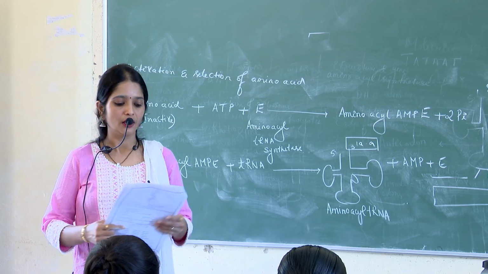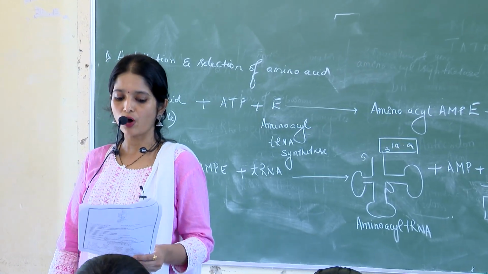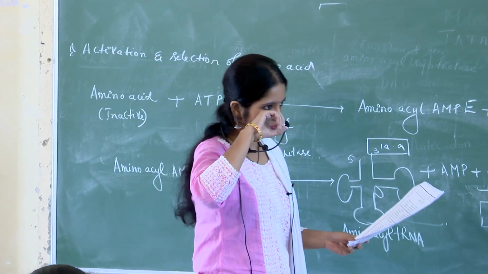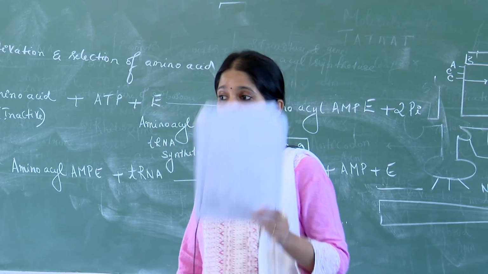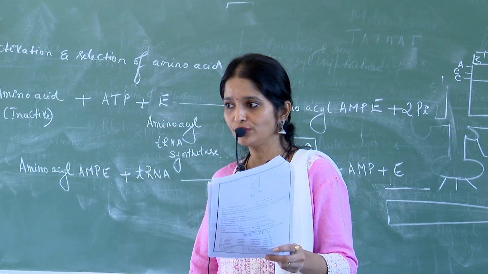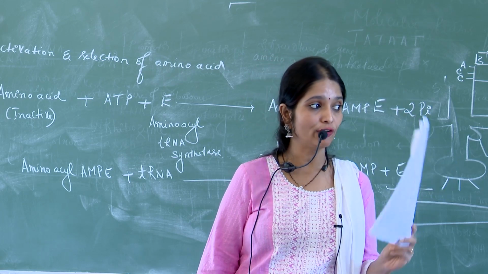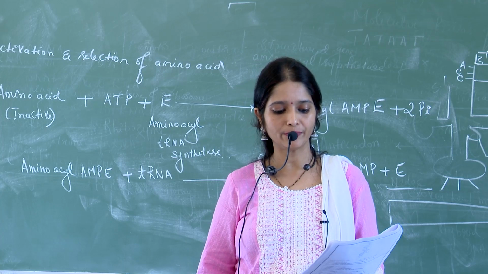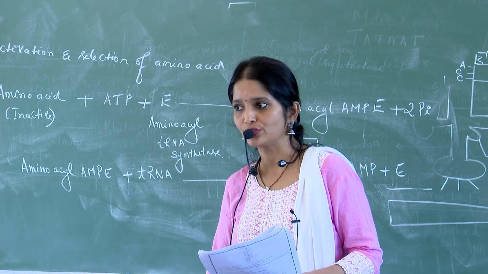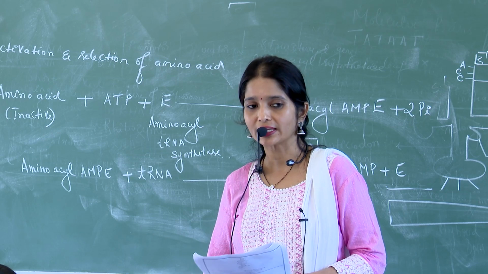Okay, so for translation, what's the option there? Amino acyl tRNA synthetase. What's the function of this enzyme, students? Activation of amino acid, right? For transcription, RNA polymerase, right? And for DNA replication, Okazaki fragments.